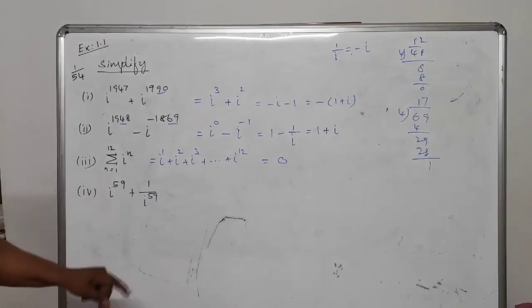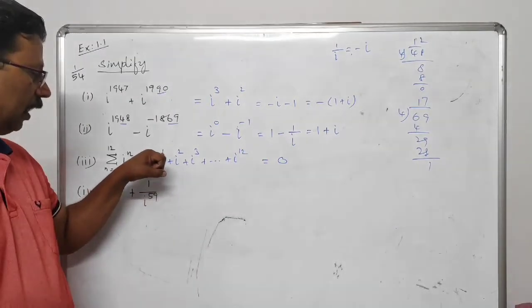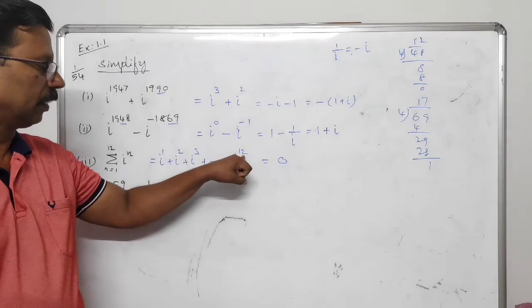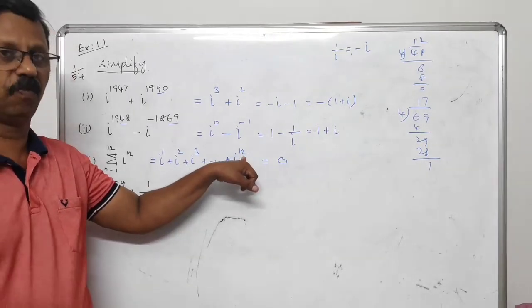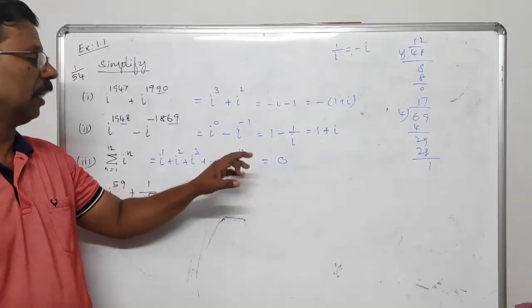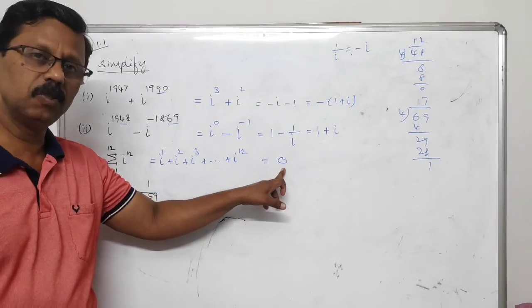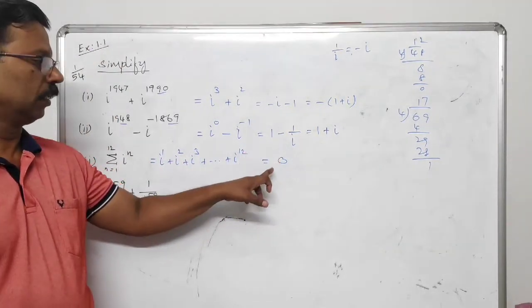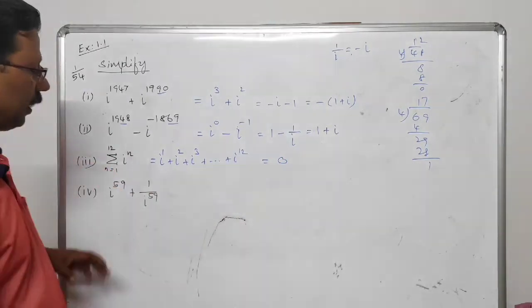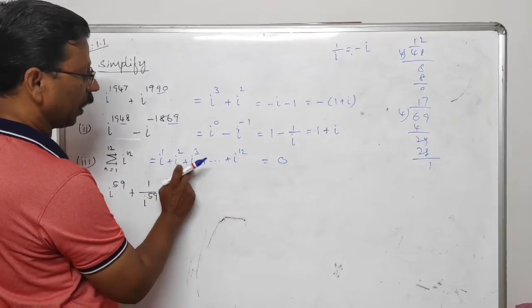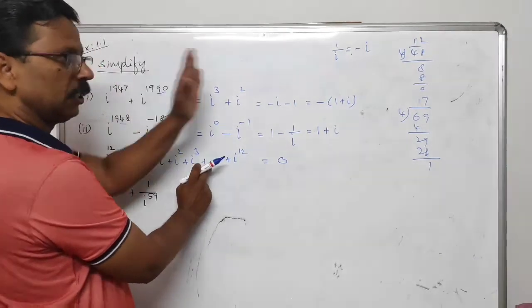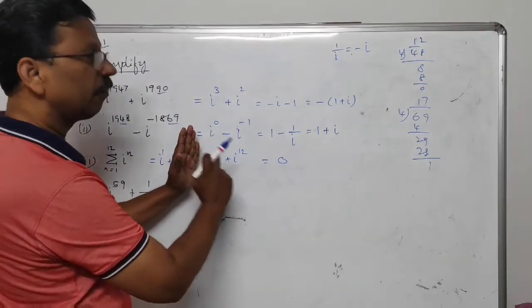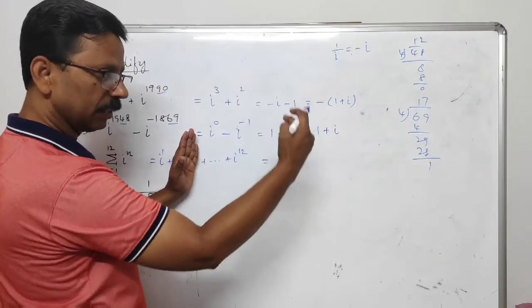I already told you, if it starts with 1 and the last number is a multiple of 4, definitely the value will be 0. You will not find each and every term's value, you can directly write 0. For example, i power 1, i power 2, i power 3, i power 4, four consecutive powers give 0. Then we start from i power 5, i power 6, i power 7, i power 8.